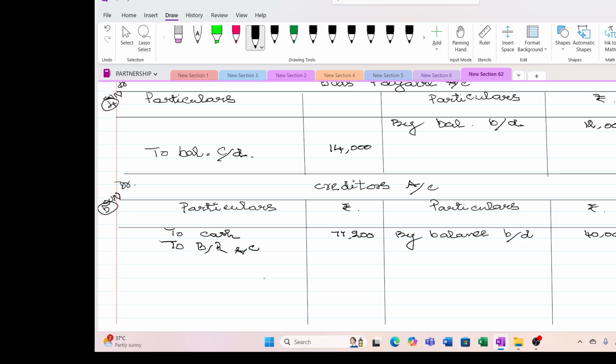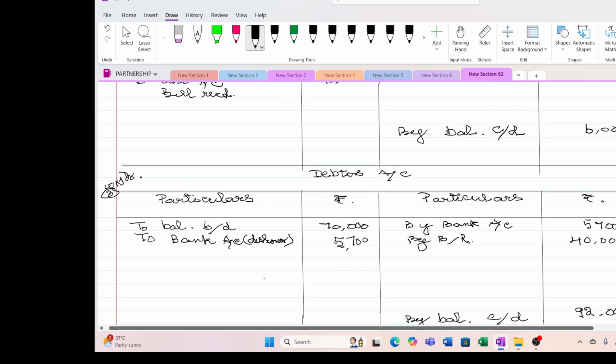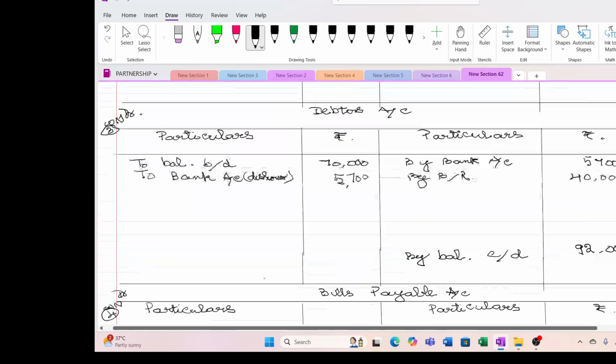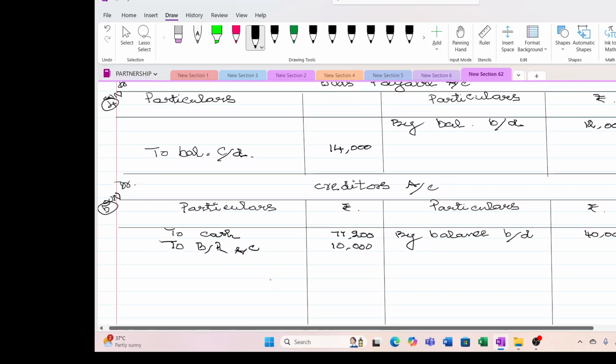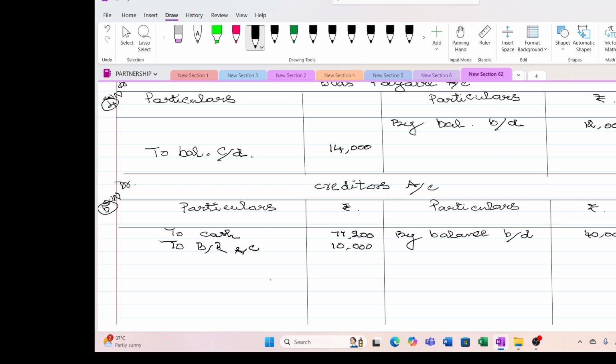Bill receivable account 10,000. There we have written by creditor's account. Yes, okay. So 10,000 rupees you are debiting to the creditor's account.